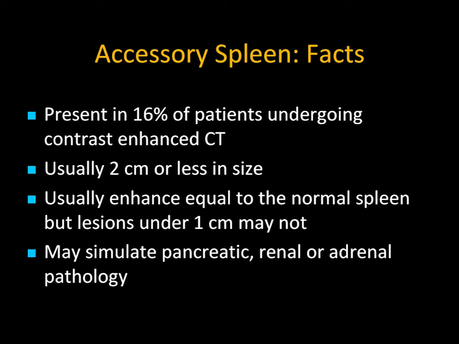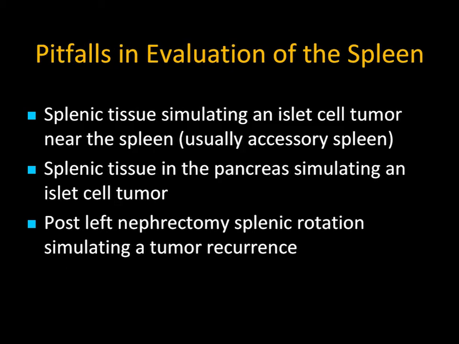Accessory spleens, 16% of cases, 2 cm or less, match the normal spleen in enhancement, but can be a great simulator. Remember, not every accessory spleen is near the spleen. If you have a ruptured spleen and splenosis, it can be anywhere, but then it's not that difficult because you know the patient does not have a normal spleen.